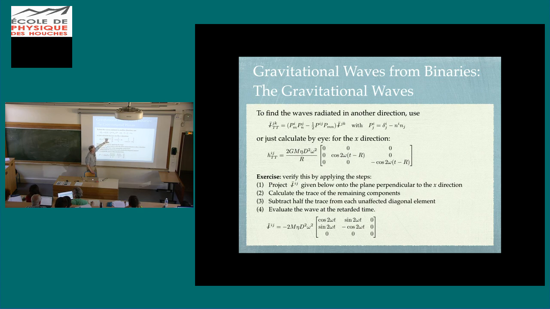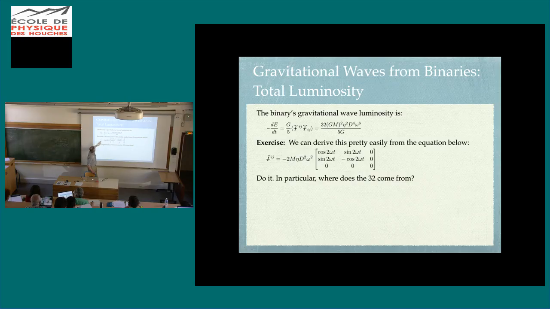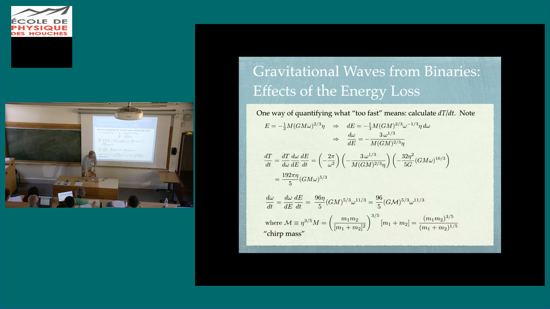Well, I'm sorry, we're just taking this original quadrupole moment tensor and summing the components. I get cosine squared and sine squared. And so it's pretty easy to do that sum.